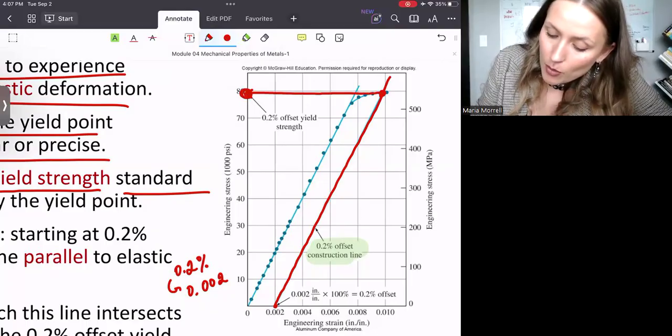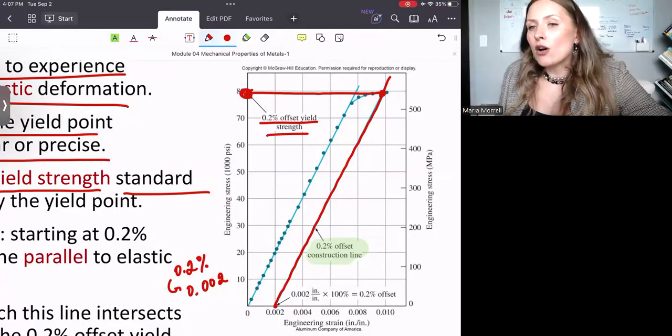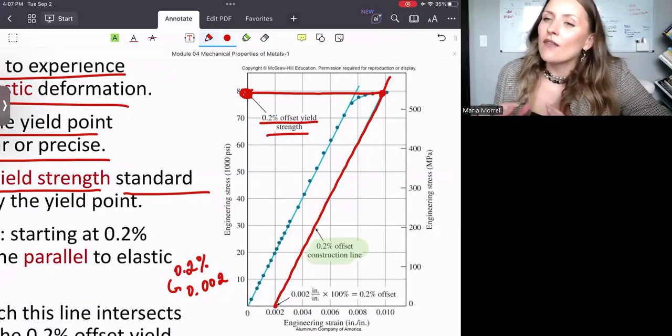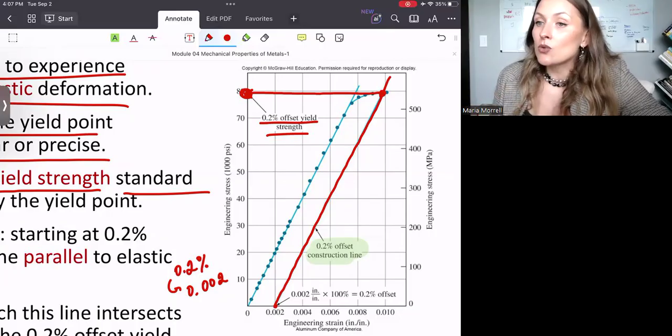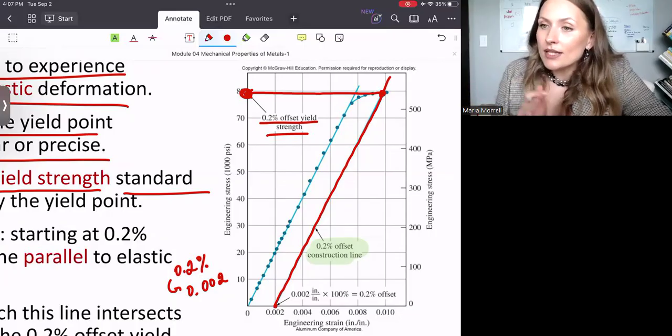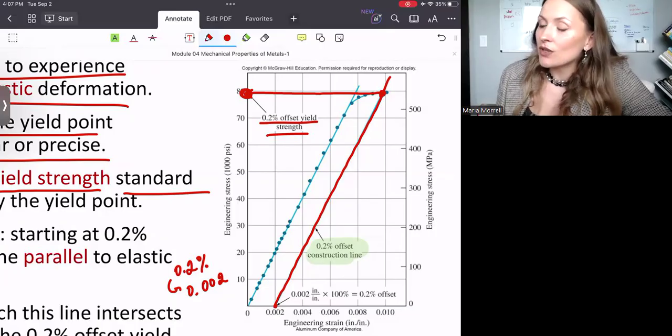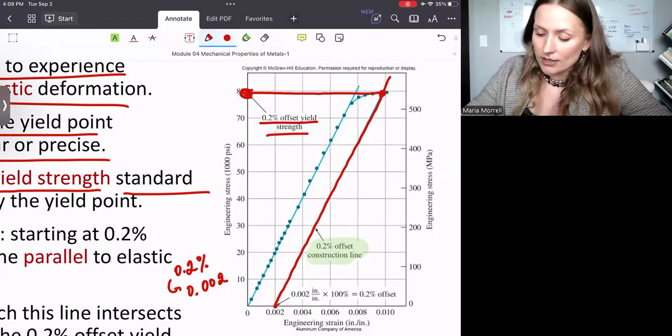This is going to be my 0.2% offset yield strength. This is the common standard we apply in America. In the UK, it's usually 0.1% offset. But this is how you would do it for any metal using the standard, especially for the scenario where it's not very clear how to identify it.